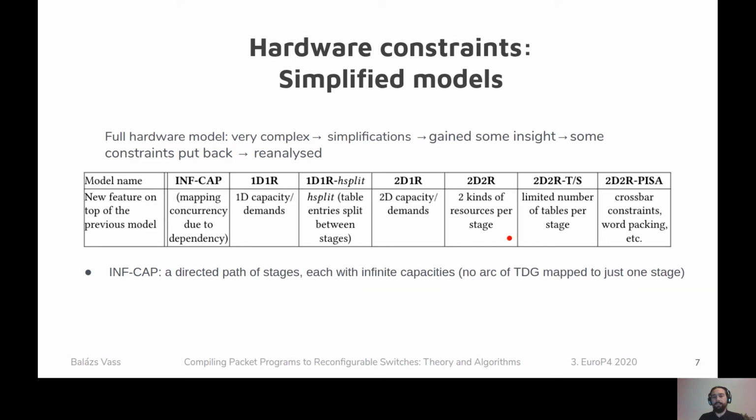Then we said that we have two kinds of resources per stage, both TCAMs and SRAMs. And then we limited the maximum number of tables per stage, which is also a common constraint. Our final model is a full-blown model with crossbar constraints, word packing, etc., as also described in the former paper. So what are our results?